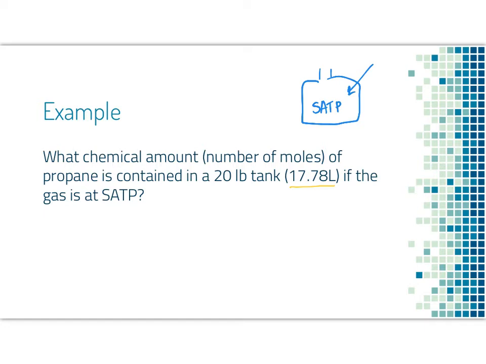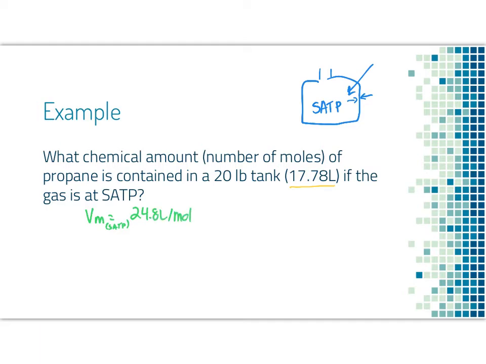Normally a tank is at a high pressure, so we know that it's basically empty, that it is equal inside and out. All right, so VM, well, we're looking at SATP, so the molar volume at SATP is 24.8 liters per mole. This is a constant.